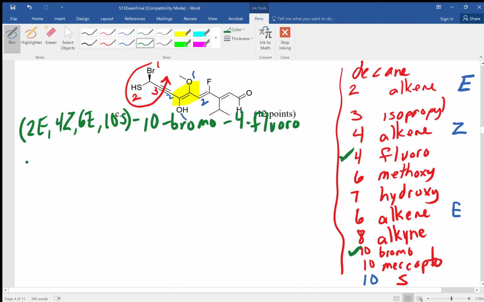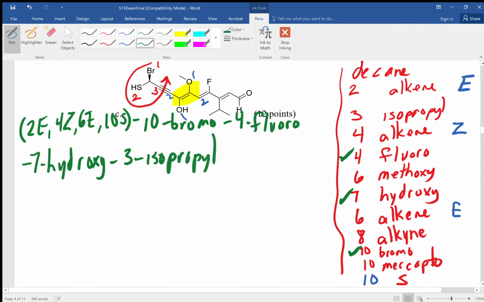Then we go to 7-hydroxy. From there we go to isopropyl. Recall that iso is not numerical, and so this gets alphabetized under I. And finally, then we go to mercapto, because MER comes before the MET of the methoxy, which is next, 6-methoxy.